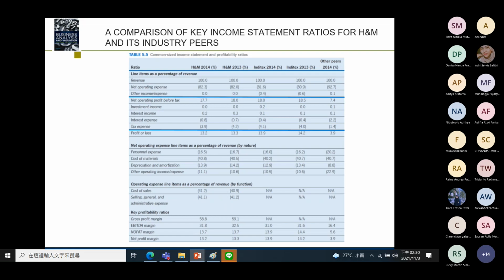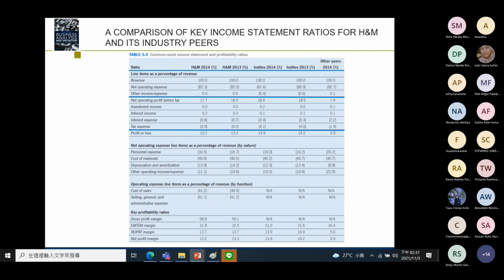The difference in average cost per employee between HMN and Inditex can be partly attributed to the fact that Inditex operates its own manufacturing facilities, and thus employs more low-cost production employees than HMN.